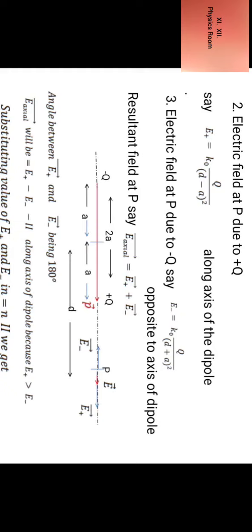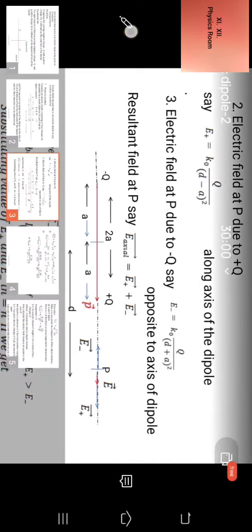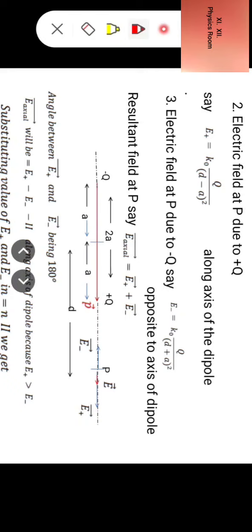Electric field at P due to plus q. How do we write the expression for electric field at P due to plus q? Say E plus equal to k naught q divided by (d minus a) whole square along the axis of the dipole.